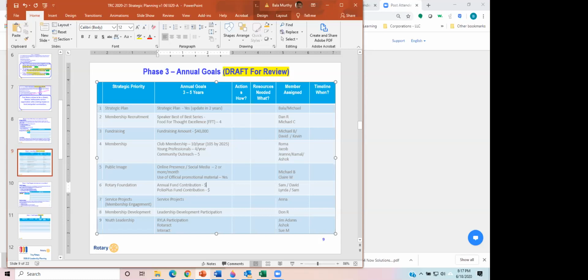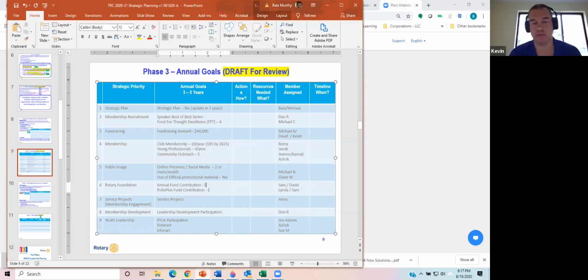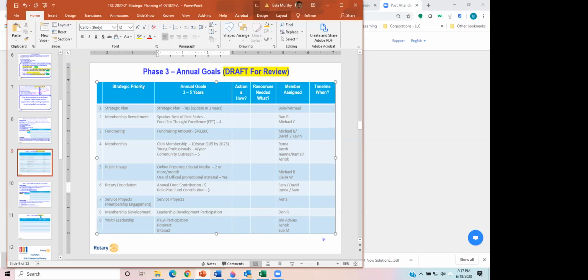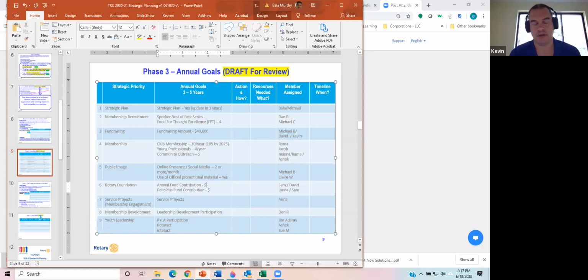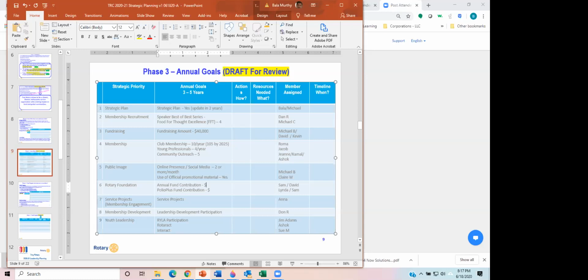Our fundraising? Well, we have been setting our budget based on whatever the prior year's fundraiser was. So it's a little sticky this year, but if we did all our fundraisers last year and raised 40,000, then the budget for the year that starts next week would have a line item of $4,000 for the Rotary Foundation. So a goal here would be 10% of our annual budget.